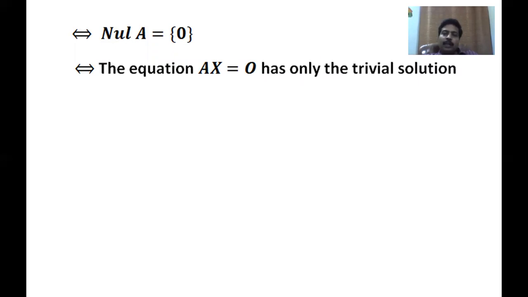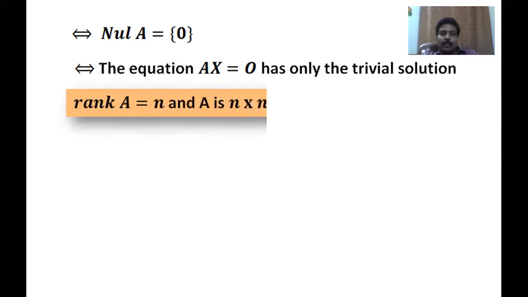The 0 solution is obvious anywhere. So the homogeneous system of equations Ax equals O has no other solution except this 0 solution. So it has only the trivial solution. So rank A is equal to n, and A is an n by n matrix, which we have already gone through earlier. From this we can further get this one.